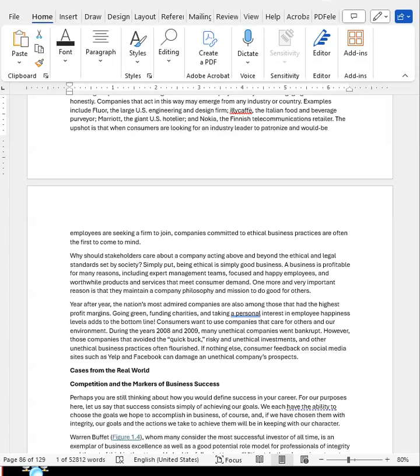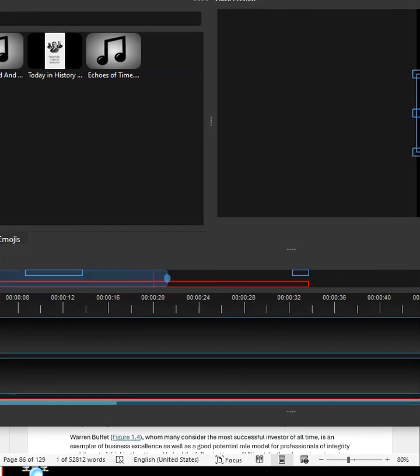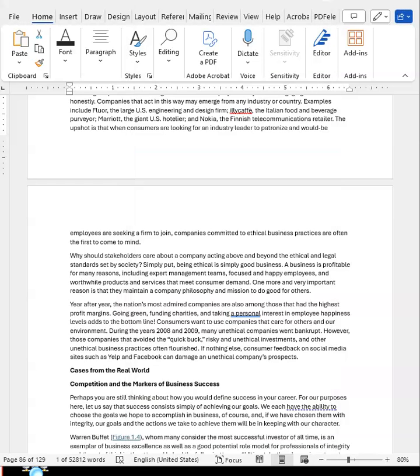Why should stakeholders care about a company acting above and beyond the ethical and legal standards set by society? Simply put, being ethical is simply good business. A business is profitable for many reasons, including expert management teams, focused and happy employees, and worthwhile products and services that meet consumer demand.